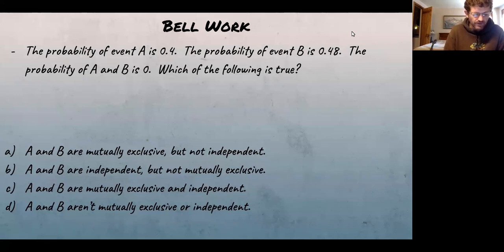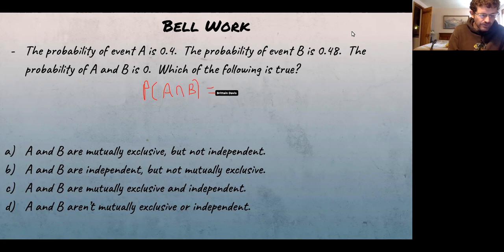So maybe the easiest way to think about this is remembering one of the rules about independence. What independence means is that, like I just said, the probability of one event does not change the probability of another event happening, which means mathematically the probability of A and B happening is just going to be the probability of A times the probability of B. Sorry about that, I lost my pen.